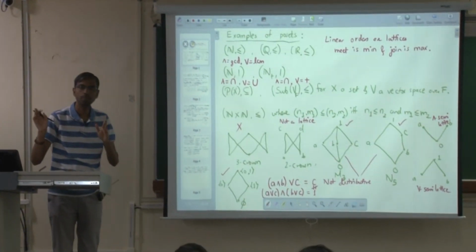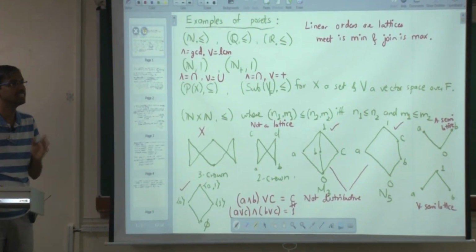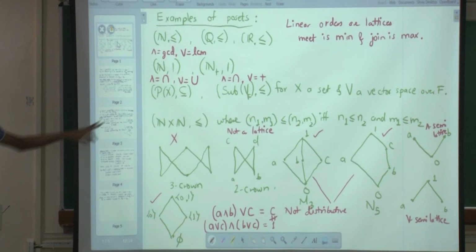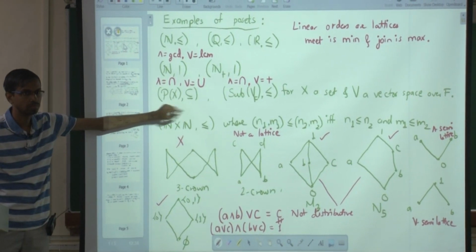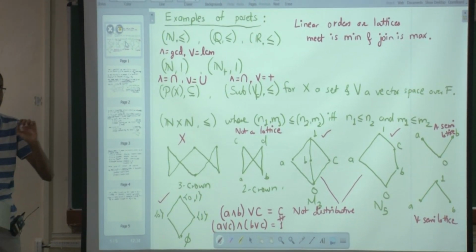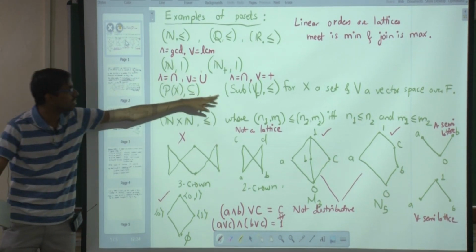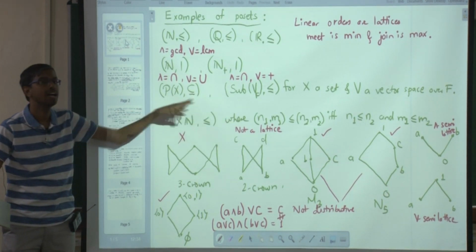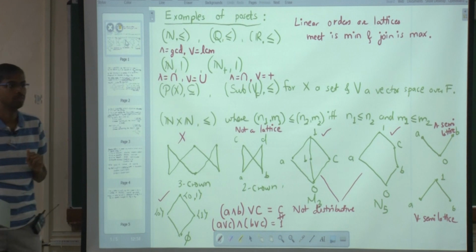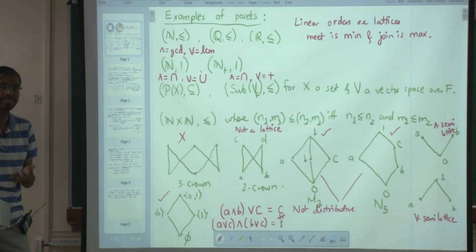For example, I'm giving you an example of a sublattice. If I consider a vector space V and I consider its power set with respect to subset relation, is the collection of subspaces a sublattice of the collection of subsets?